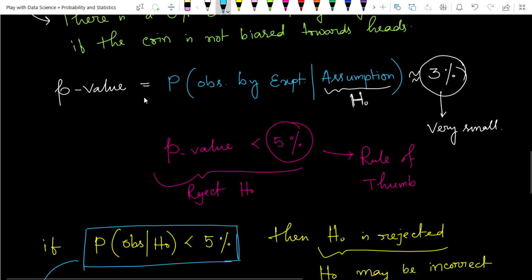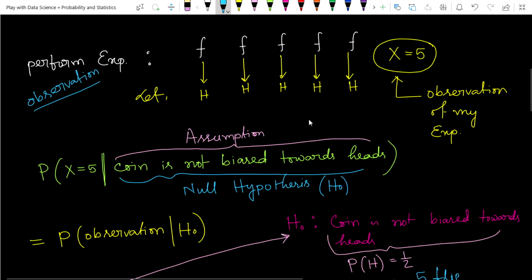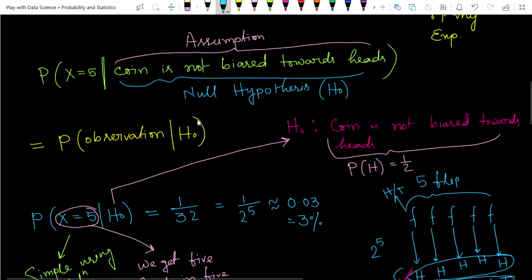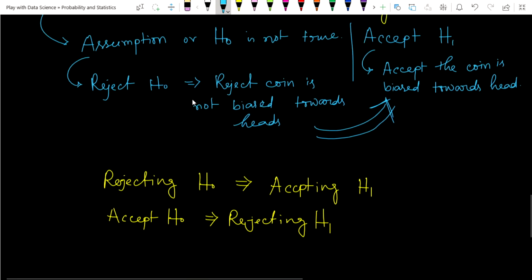In the example we have taken, we flipped the coin 5 times. Let's try to reduce this value and increase this value, then I think it will be better for our understanding.